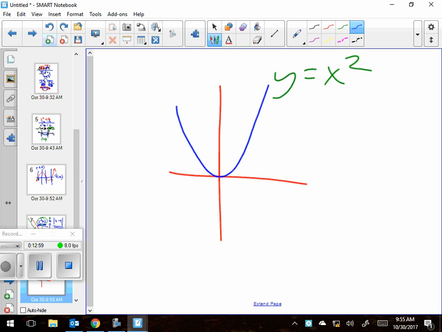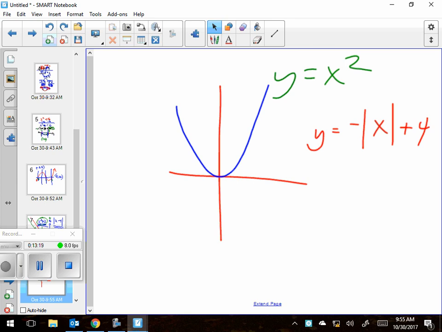All right, now let's do an upside down absolute value. Let's make y equal to negative absolute value of x, but let's make it shift up a little bit, plus 4. Drawing what that looks like. An absolute value that's been flipped over and moved up.